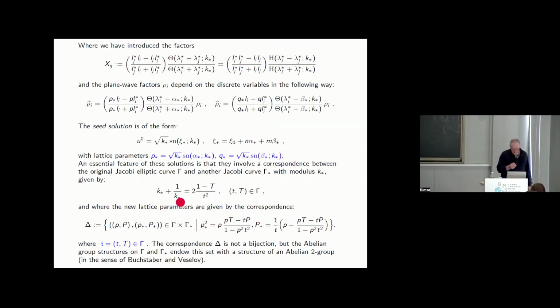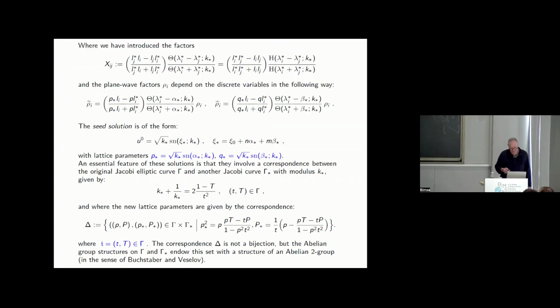So k star plus 1 over k star, this is the modulus of the deformed curve, is related to a Backlund parameter, which is also a point, but now a point on the original curve. So this contains the correspondence between the undeformed and the deformed parameters. So this is a really very interesting bi-elliptic structure that appears in the soliton solutions of these Q4 equations.